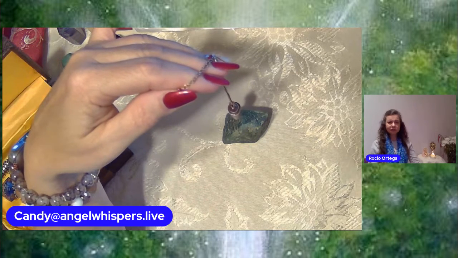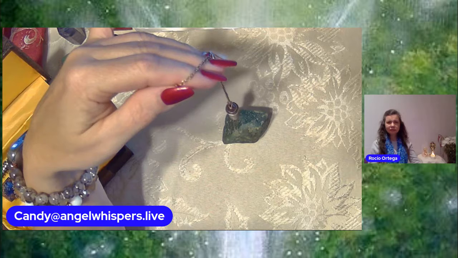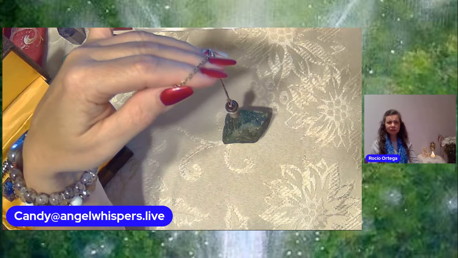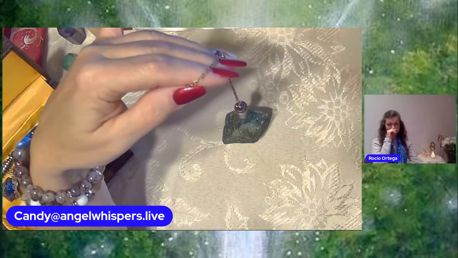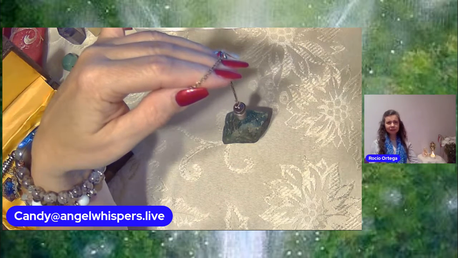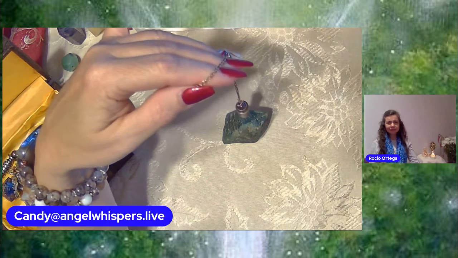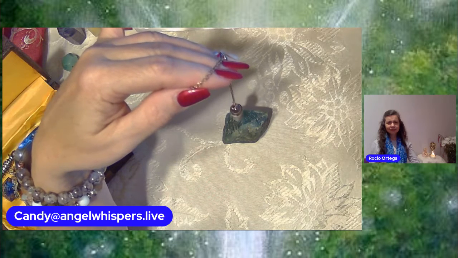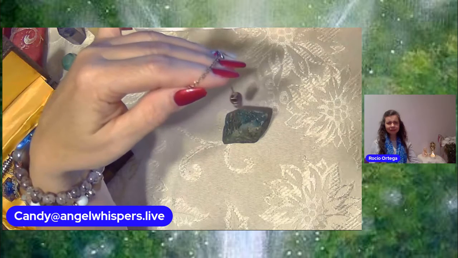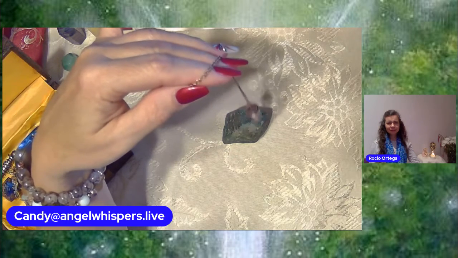Okay, and there's not a wrong way or right way to do this. It's your intention, and depending on your strengths and your gifts, you could do it differently, but for me, I try to keep it simple. So I'll just say something like, at this time, I want to remove any negative energies from this crystal.